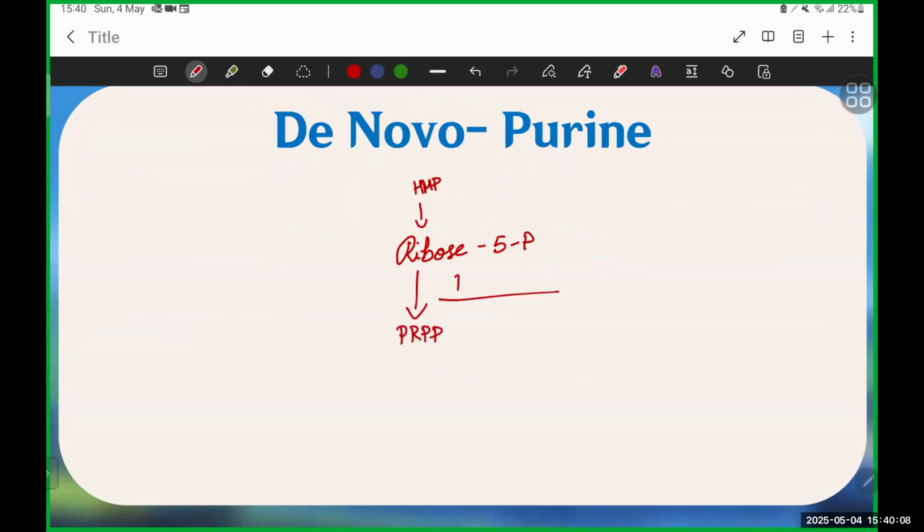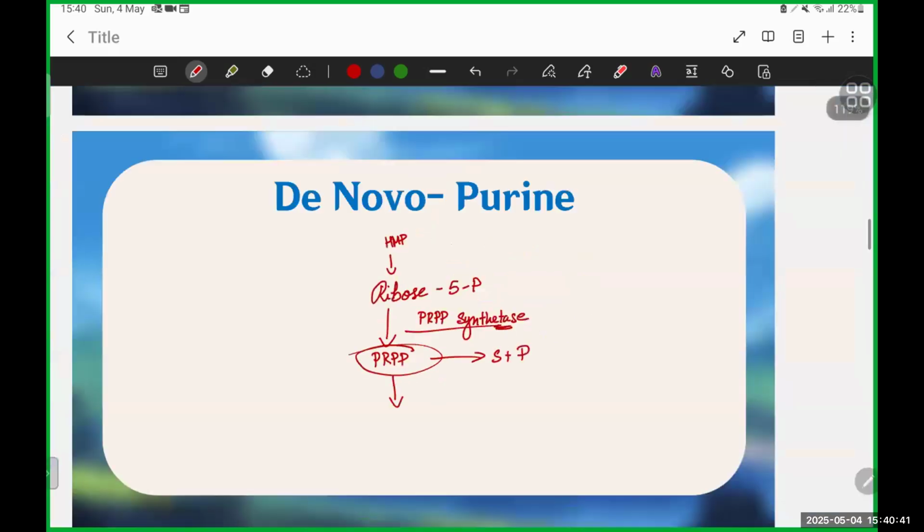With PRPP synthetase. PRPP synthetase means you're synthesizing PRPP, and the T means you're using ATP. This is the activated form of ribose. So you have the sugar, and you take it and make the phosphoribosylamine. And then here you use the transferase enzyme. Did we talk about the transferase enzyme? One second.